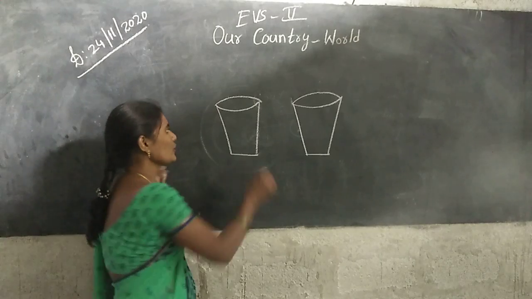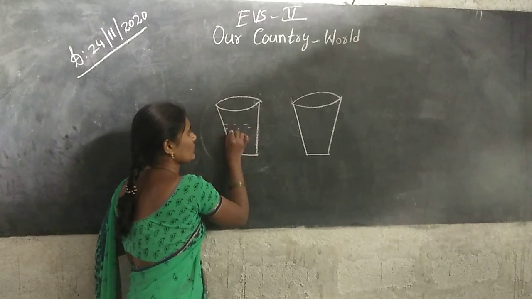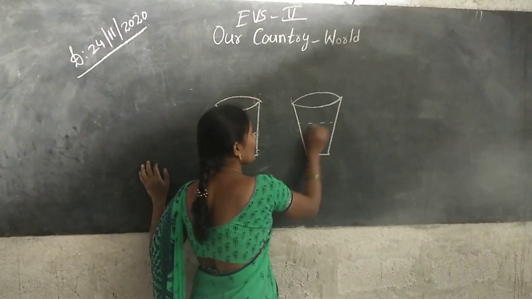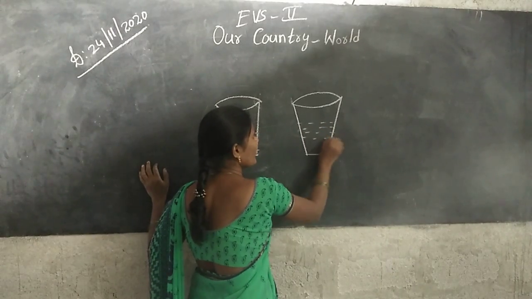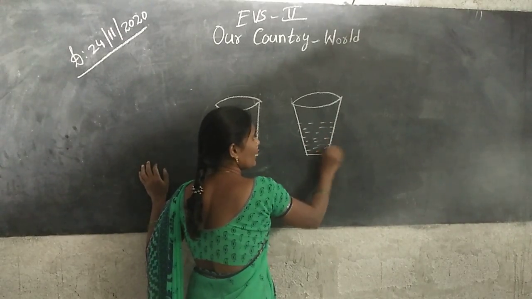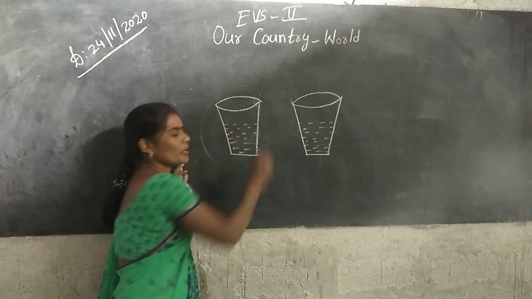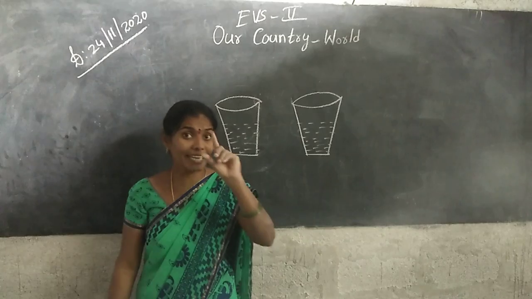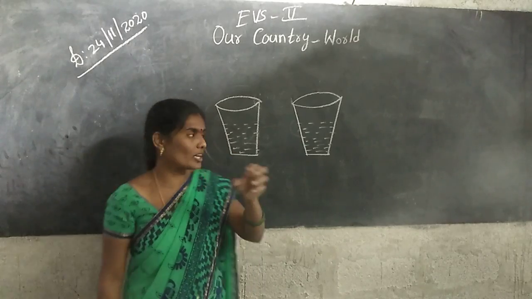Okay? Then you must pour water into the 2 tumblers at the same level. ఆ same equal level లో వాటర్ పోయండి. Then take an egg, తీసుకొని ఏం చేయాలి మనము?